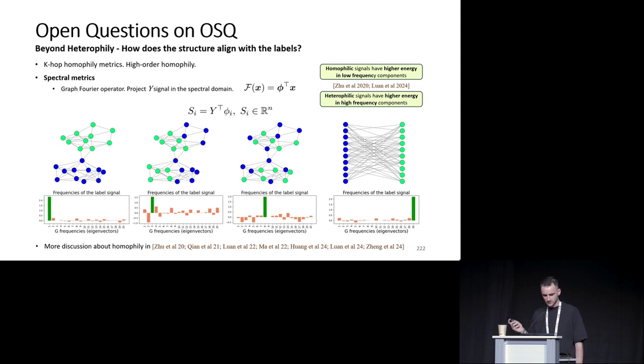And just to wrap up the eigenvector language that we were talking about, the idea is that if the features are smooth over the graph, they correlate with low eigenvectors, and if the feature signal is sharpened over the graph, so more structurally heterophilic, it will correlate more with higher eigenvectors, and it was shown here.